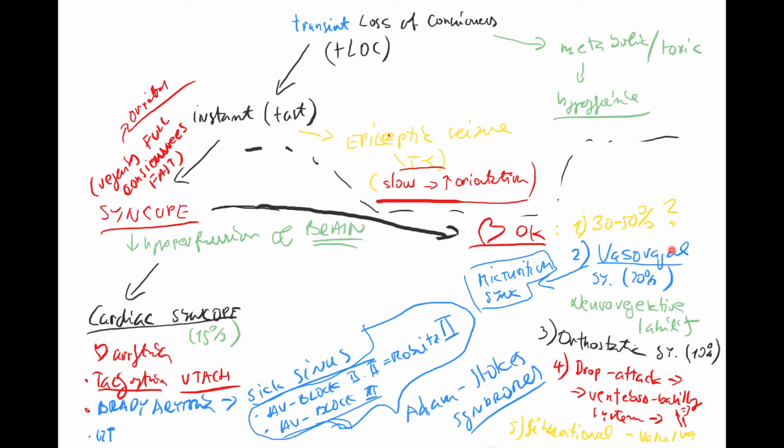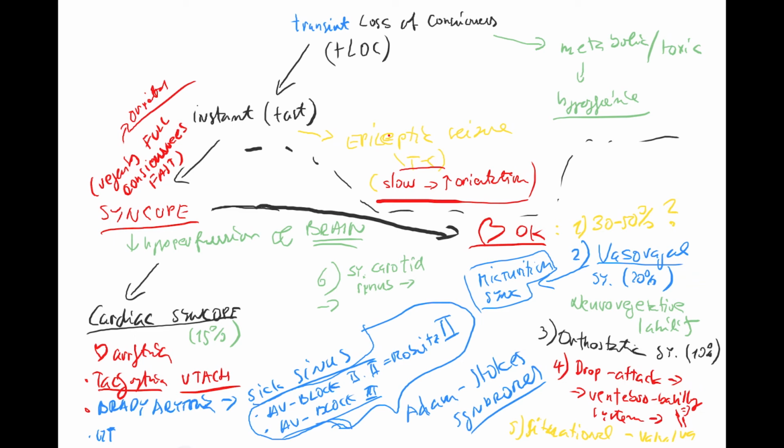Okay. Maybe there's still one more. I can still give you one more. And this can happen to you when you're older, typically, and you have a more sensitive carotid sinus. It's the carotid sinus syncope, syncope of the carotid sinus, or sinus caroticus. And this is typically when you're having a shirt or something, you tied it up too much, and you can stimulate it so much that the patient faints.